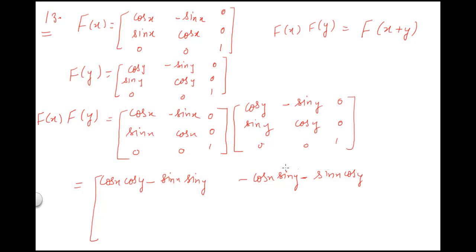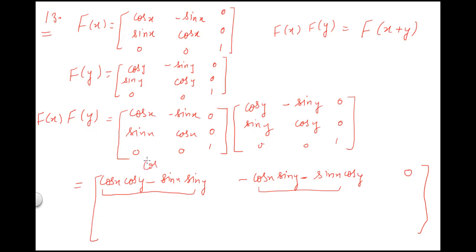Clear? Now with the third one, the first row will get multiplied with the third column. So you see cos x multiplied with 0 is 0, minus sin x multiplied with 0 is 0, and 0 multiplied with 1 is 0. So we get 0 here. I'm just giving a hint to you: think, is this an identity? Right, so you see cos A cos B minus sin A sin B is the identity of cos of A plus B. So cos of x plus y you are going to get here.